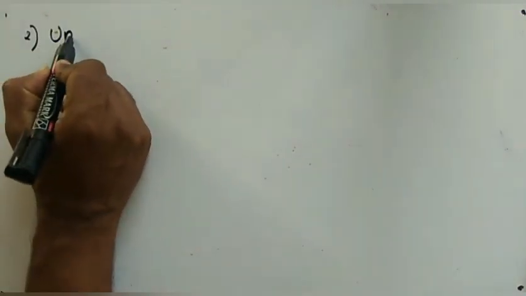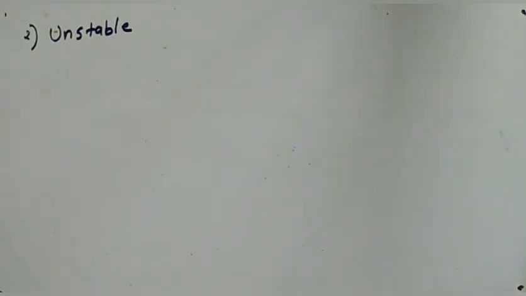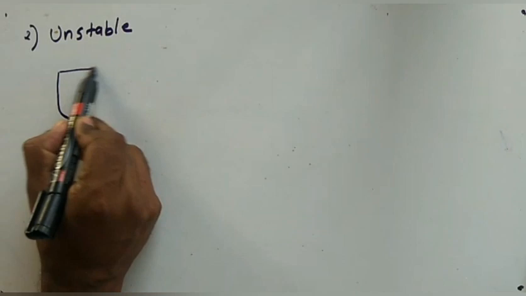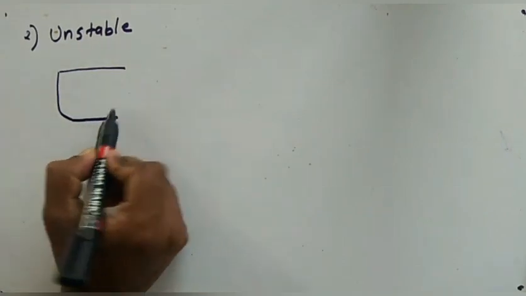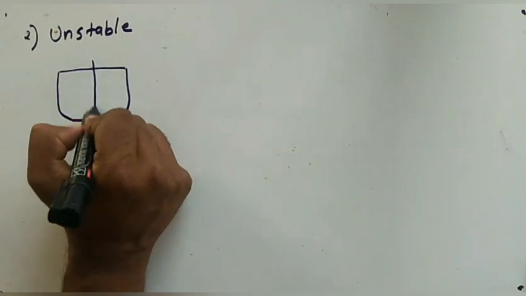The second thing we have to study is the unstable equilibrium. Now, just like a stable equilibrium, I am drawing one transverse view of the ship. This is the central line.